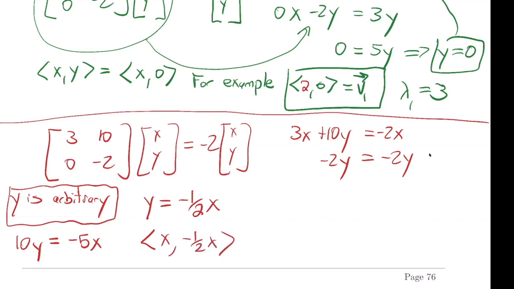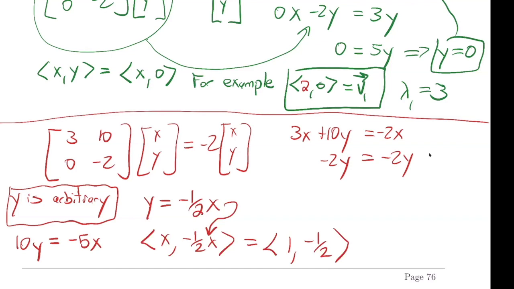So this means any vector of this form would be an eigenvector, just plugging that relation in the place for y. So again, what's nice is just to pick your favorite value for x. I'm not very excited. My favorite number is 1. So I'm going to plug 1 in there, and that gives me the eigenvector here.